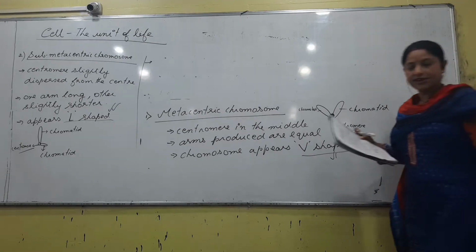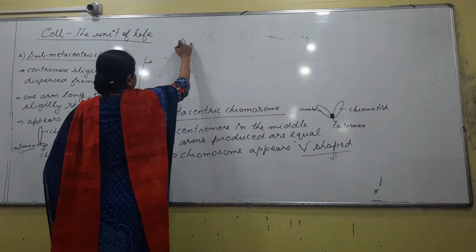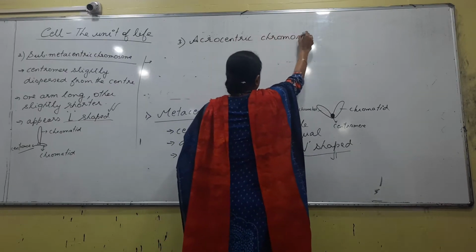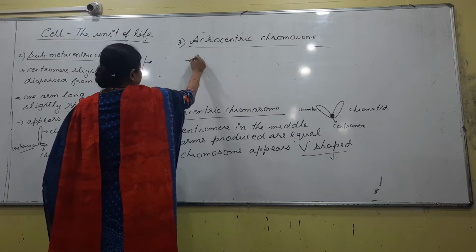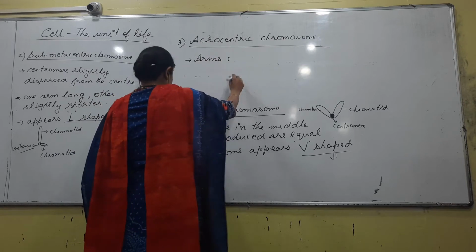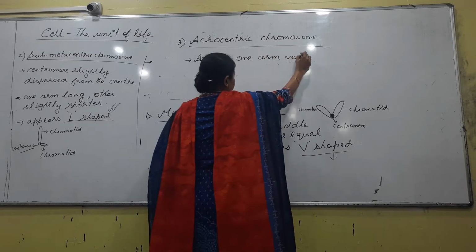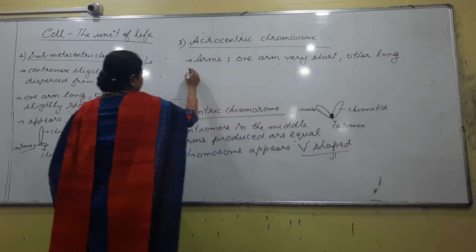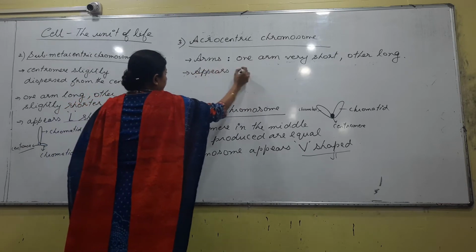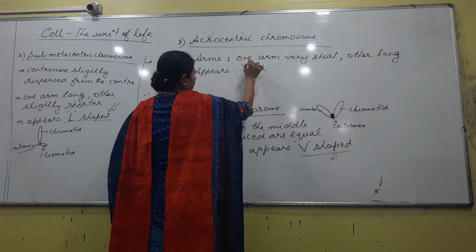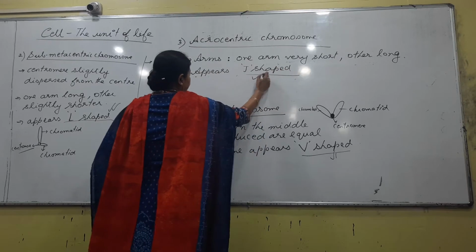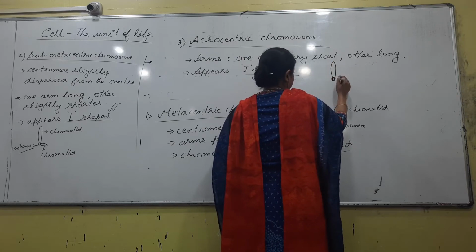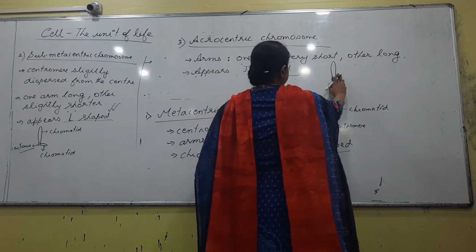Next, write number 3, acrocentric. It has turned out inverted as a J, but it doesn't matter, you can draw it like this also.